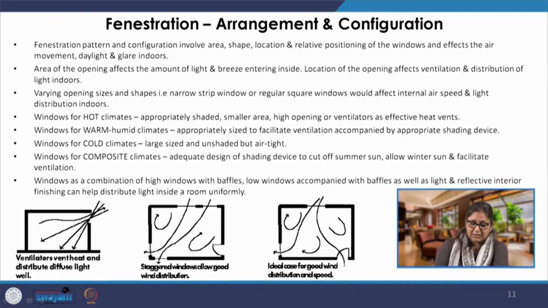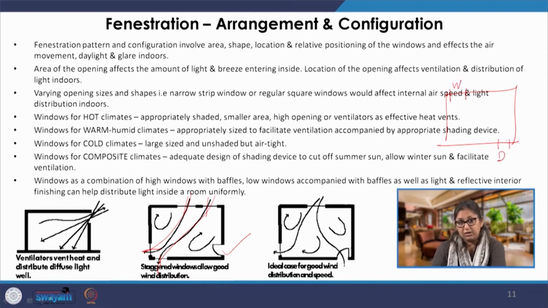Now, if you look at this particular case, here we have windows on opposite sides. So, there is good possibility of cross ventilation. If we have a room with a window provided only on one side, and a door which does not open all the time, but assuming it opens, we will have this kind of possibility for natural ventilation, and in the surrounding areas there may be eddies.